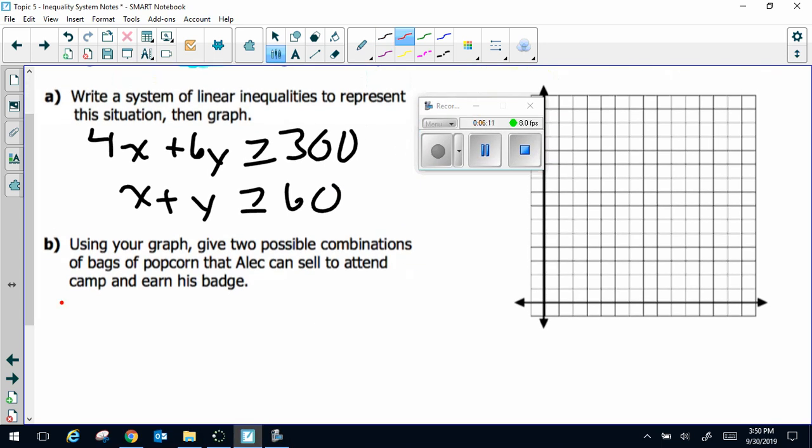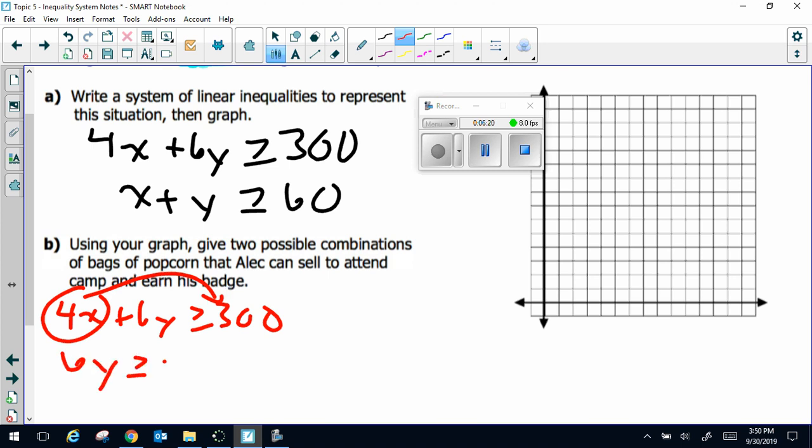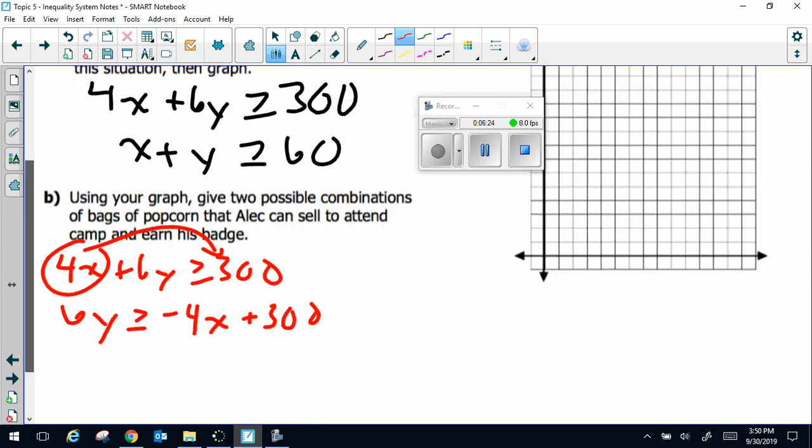Okay, so first take this one and rearrange it, and divide by 6.